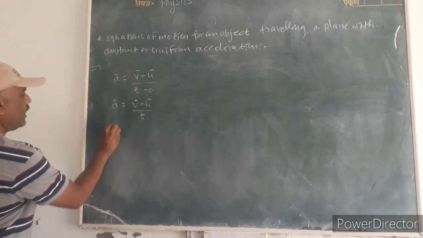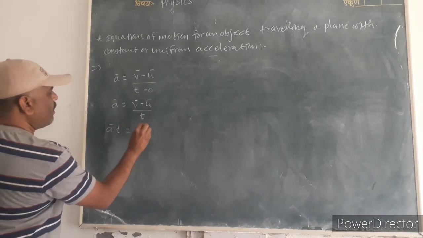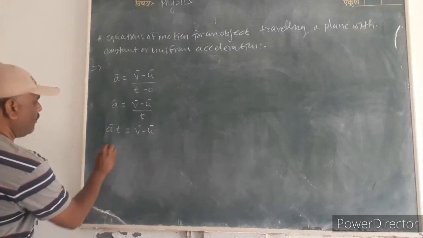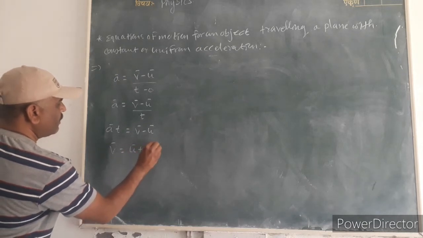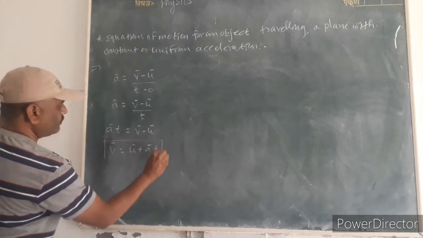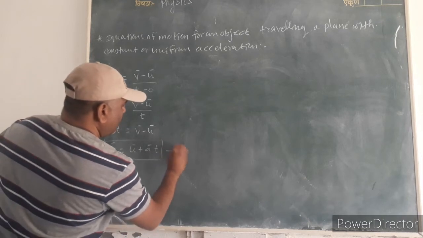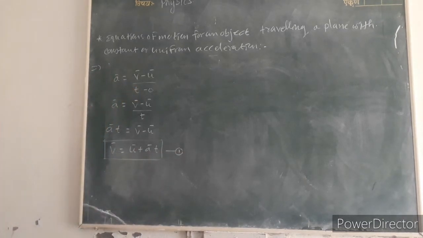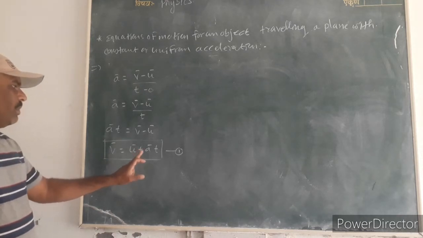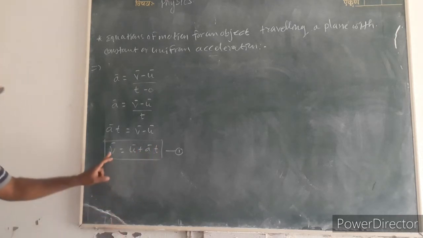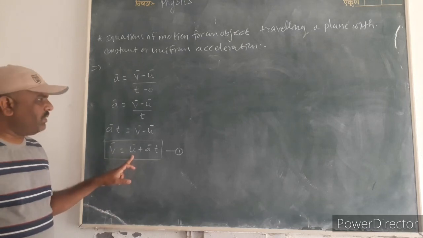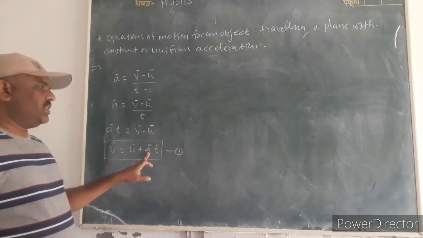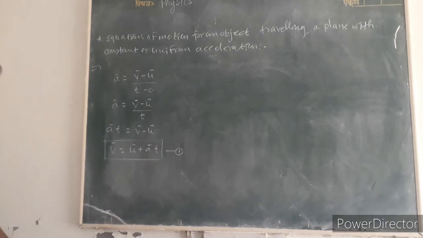Or this gives a bar into t is equal to v bar minus u bar, or v bar is equal to u bar plus a bar into t. This is called the first equation of motion. V bar is equal to u bar plus a bar into t, where v bar means final velocity, u bar means initial velocity, a bar means acceleration, and t is the time.